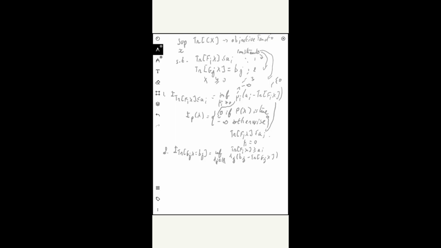You see that if it is true, then bj equals trace of Gj of x, and so bj minus trace of Gj of x will be equal to 0, so even without fixing lambda, we directly have 0 if p of x is true. But if it is not true, we can fix lambda going to minus infinity once again, and so you go into this other case. You'll see it's equivalent, and you have your optimization.